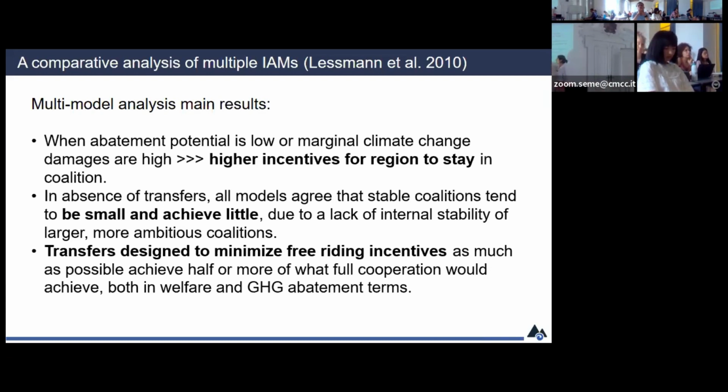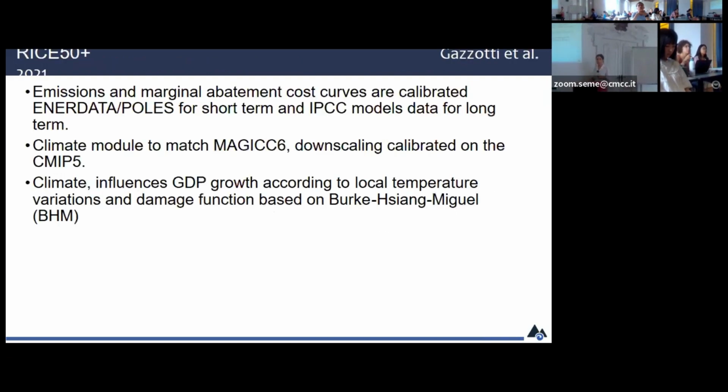But with transfers designed to minimize the free riding incentives, you can get a coalition that does half of what the Grand Coalition can do. Still kind of bad, but more than what you had here. And with this model, you can really look at the transfers and start to understand what they look like, and whether they make sense politically, etc.